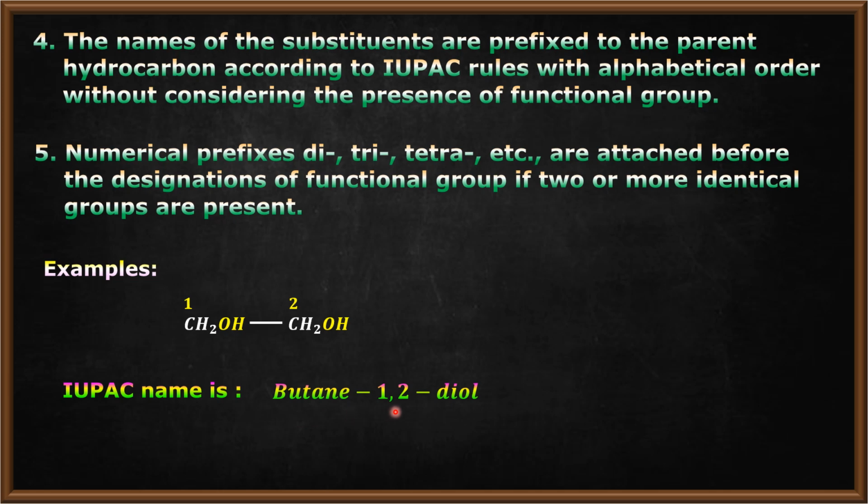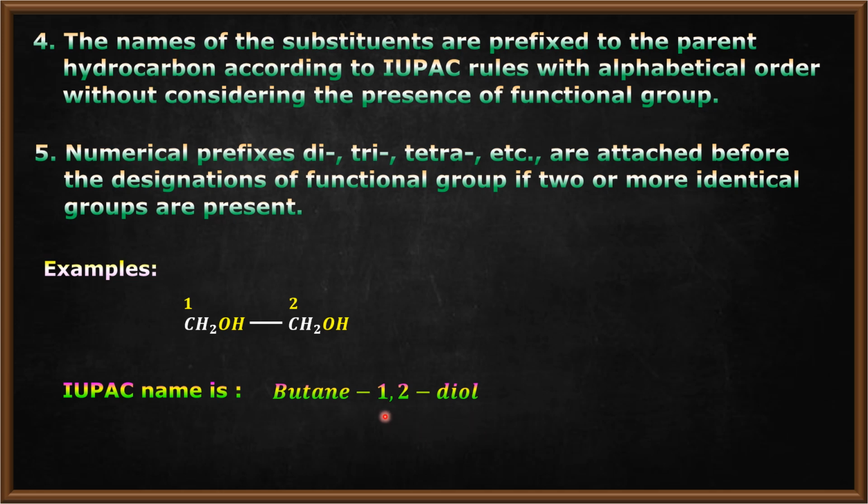butane-1,2-diol. You can observe one thing here: E from the primary suffix is retained as it is. It hasn't been dropped. Why? Because this E is followed by the secondary suffix beginning with D. For that reason E is retained as it is.